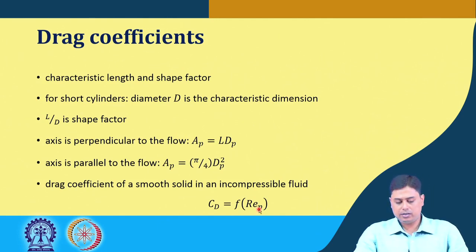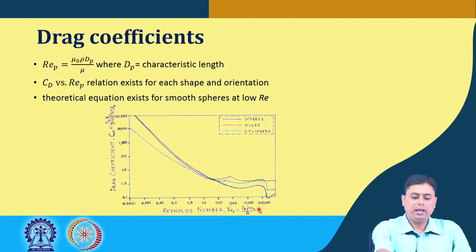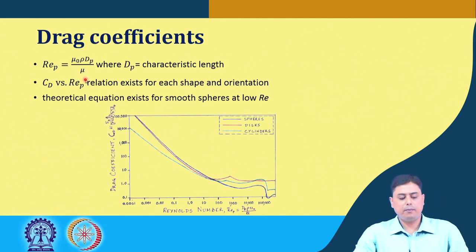This particle Reynolds number is defined as mu 0, rho and dp forming the numerator and mu the denominator of this REP, where dp is the characteristic length.